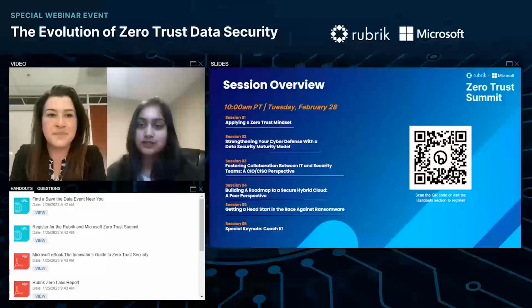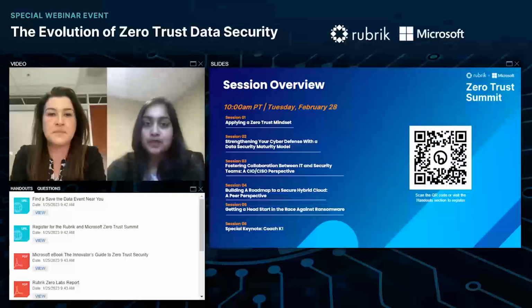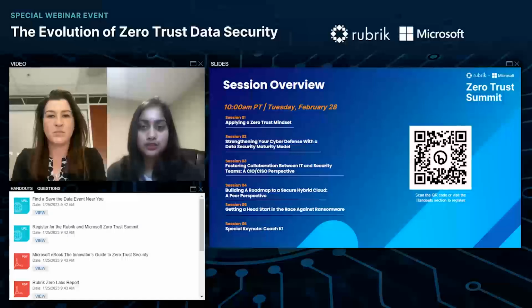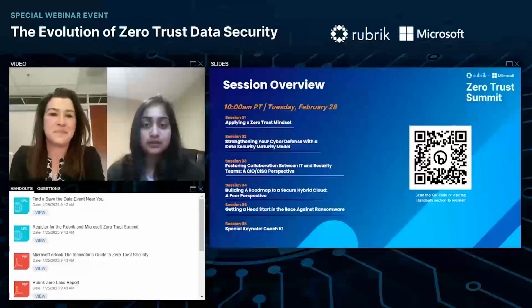The maturity model session is a great opportunity for you to really understand where you're falling on the zero trust spectrum and where there are some areas that you can really improve. So that is one session that I really like. But there are also other sessions that will focus on key topics such as IT and security team collaboration, best practices on how you can secure hybrid cloud, and also how you can really stay ahead of cyber attacks like ransomware.